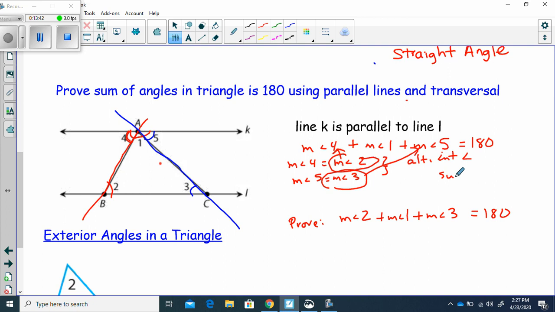All I did was substitute, right? And now I've proven that the sum of angle 2, angle 1, and angle 3 equals 180 degrees by using these alternate interior angles and a straight angle.